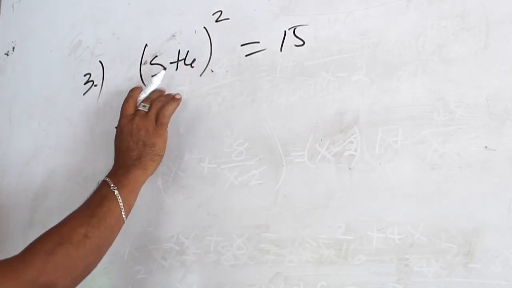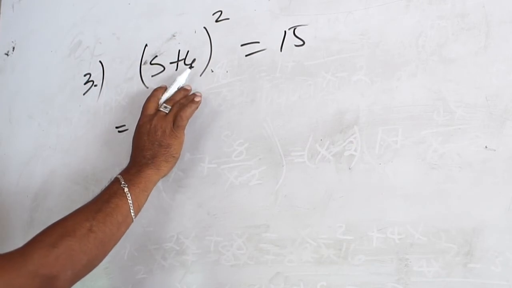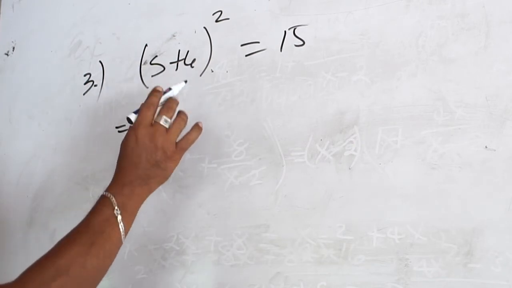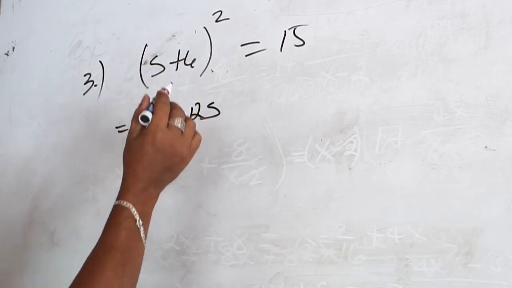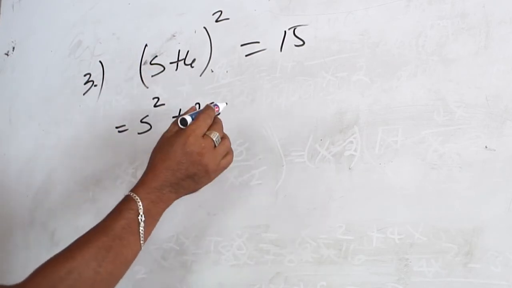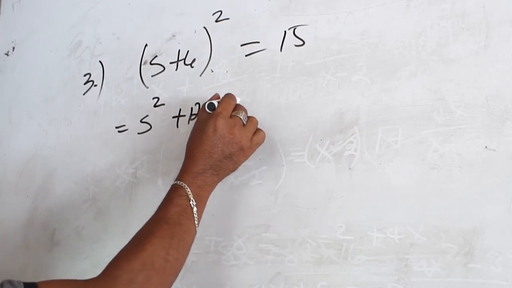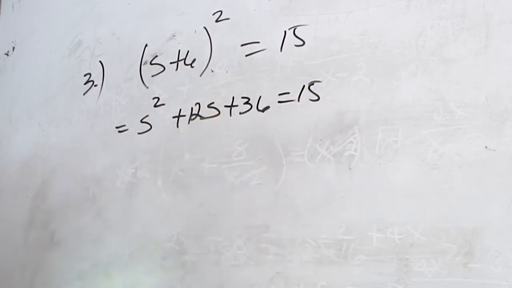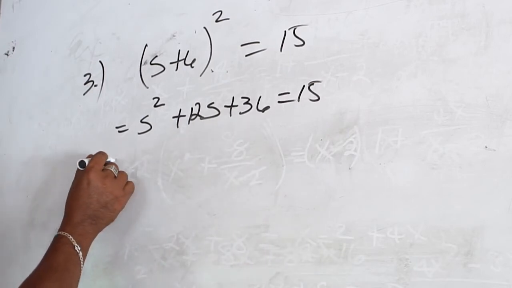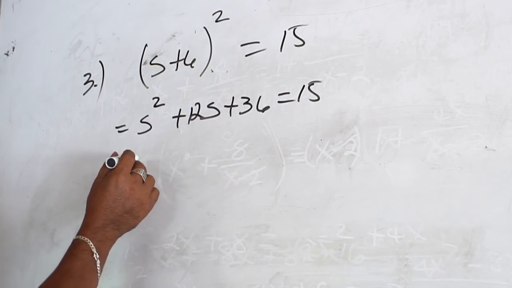So x times 6 is 6x, then times 2, we have positive 12x. Then the square of 6 is 36. Then equals 15. Next, simplify. We have here x squared.